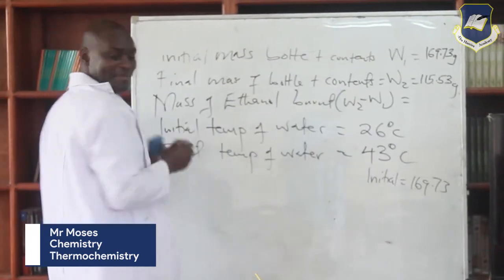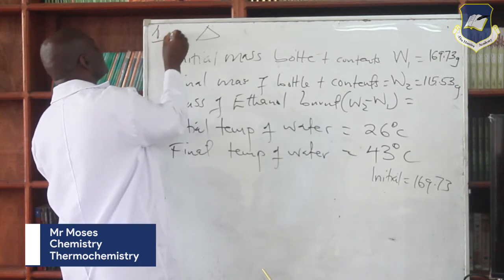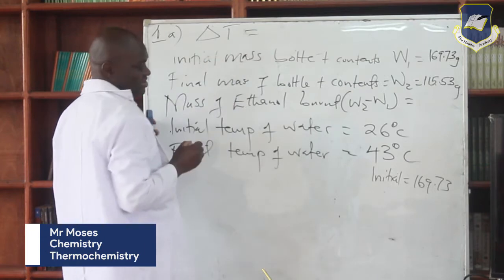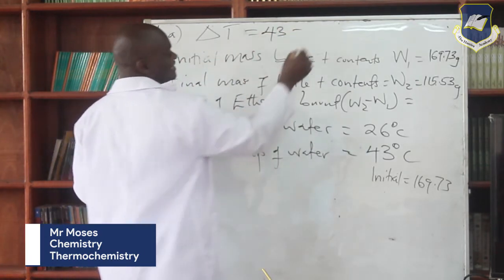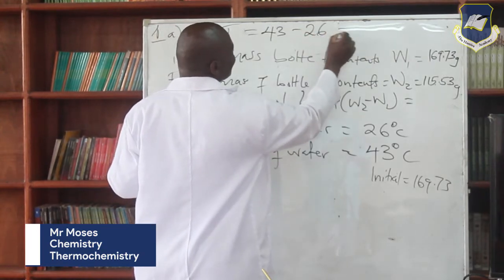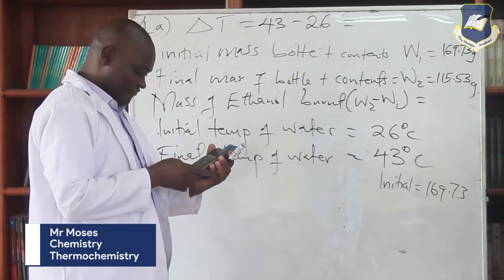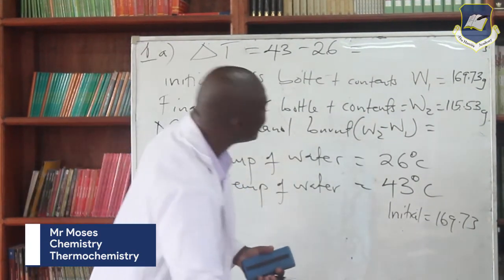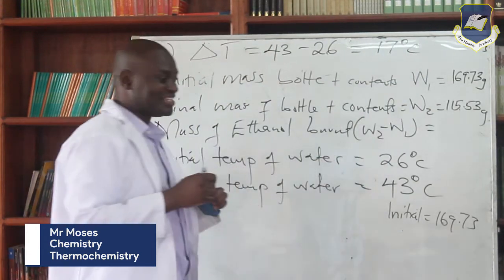Now, question 1, part A, the temperature change delta T will be the final, 43, minus initial, which is 26. So 43 minus 26, we have 17 degrees Celsius. So our temperature change is 17 degrees Celsius.